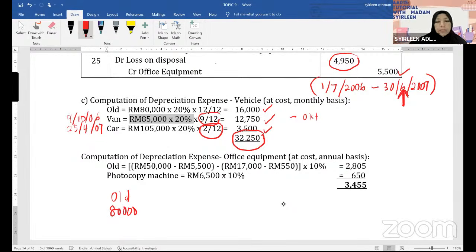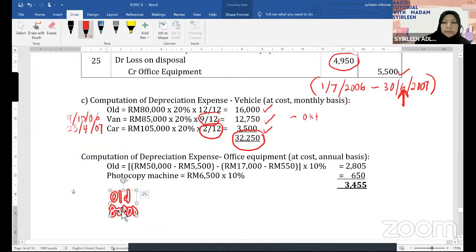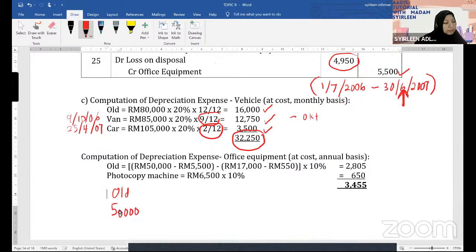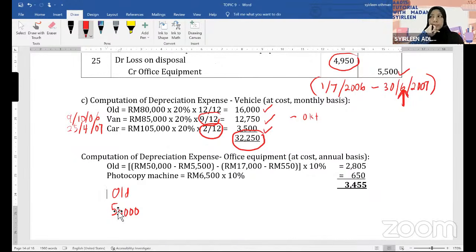So itu ialah asset, office equipment, right? Where am I getting this figure from? Untuk all equipments, you ada nilai 50,000. Since we are using reducing balance, so saya kena tolak kan? Tapi saya kena ingat, komputer tadi dah hilang.